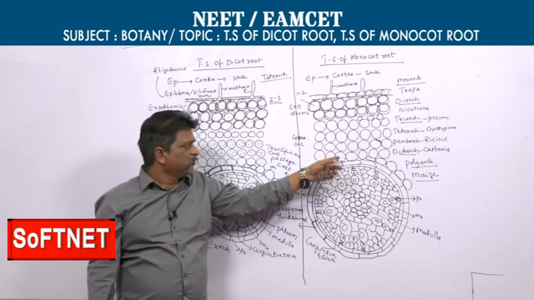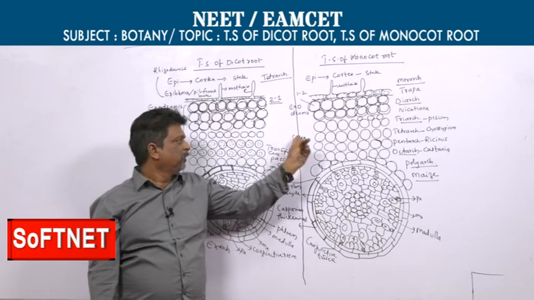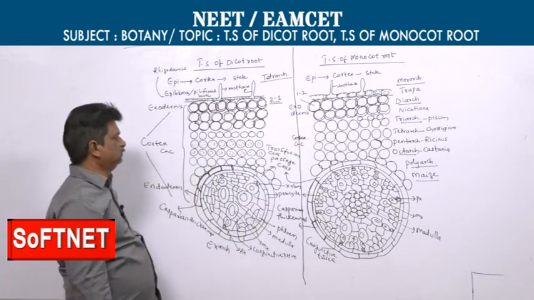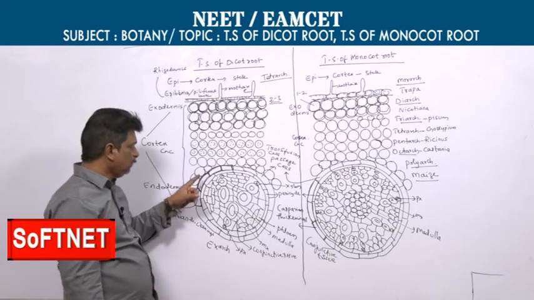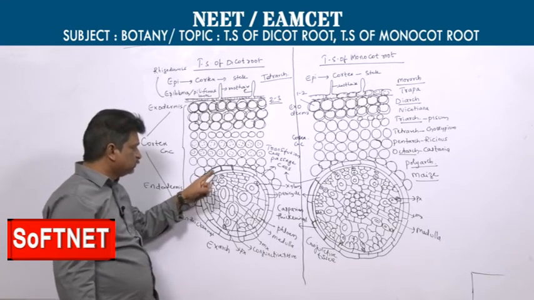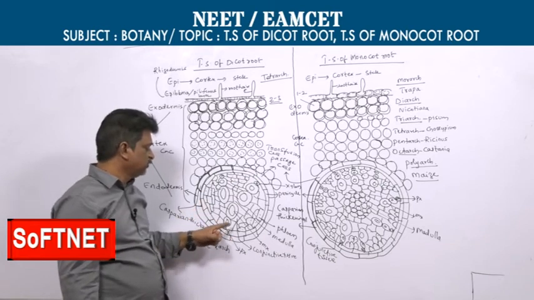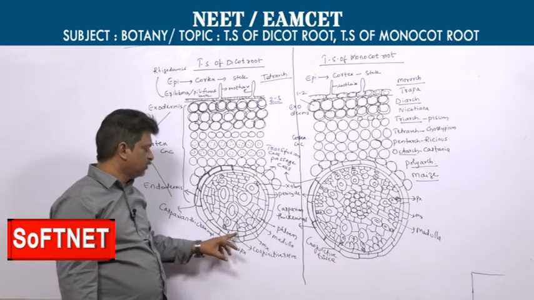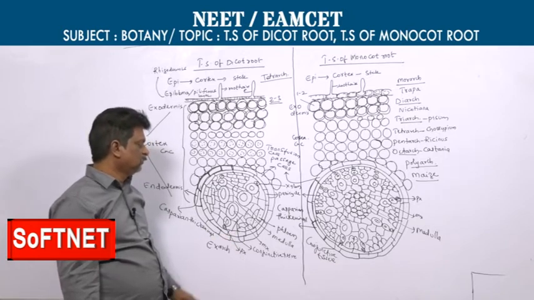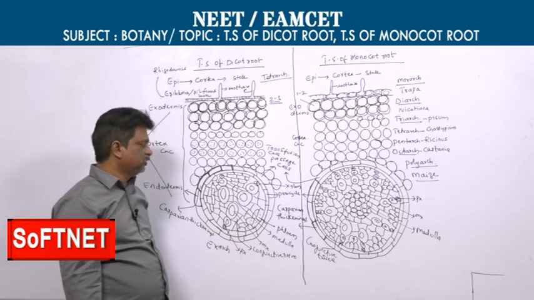Cortex is extensive in monocot root when compared to dicot root. In dicot root, pericycle by dedifferentiation produces cork and vascular cambium, so secondary growth takes place.